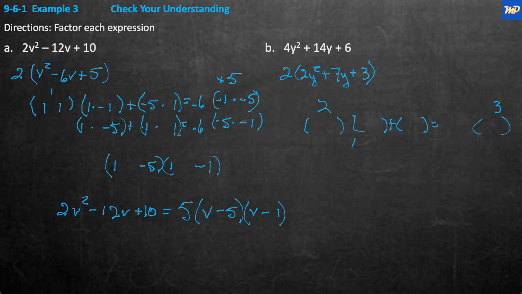I can draw the other set of rows right now. Again, these are both positive, so we can deal with the positive terms. So I have a 1 and a 3, and a 3 and a 1. Over here, I have a 2, so I have a 1 and a 2.